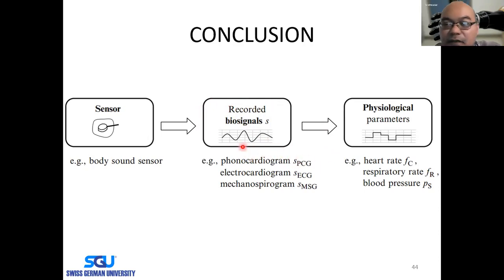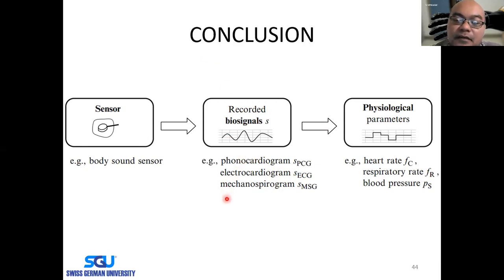For phonocardiogram, an acoustical sensor is placed near the heart to measure the sound of the heart. Electrocardiogram uses electrodes measuring the electrical activity of the heart. Mechanorespirogram uses a mechanical sensor on the chest and the abdomen to measure the respiration activity from the chest and abdomen expansion.